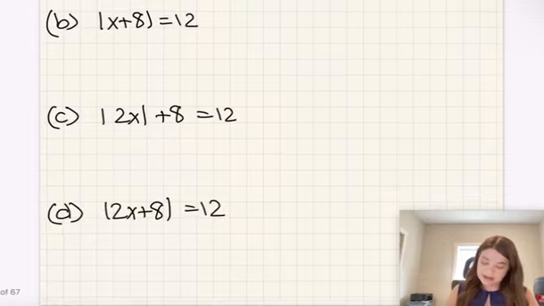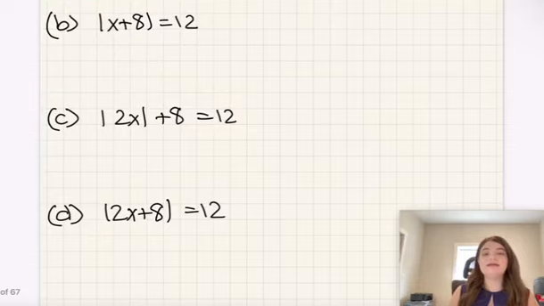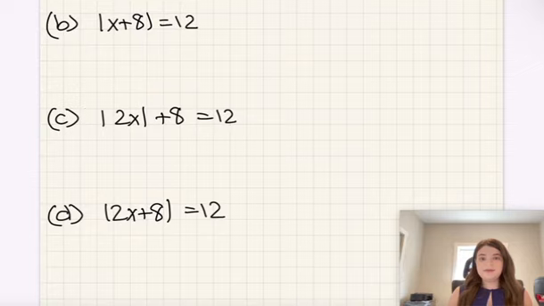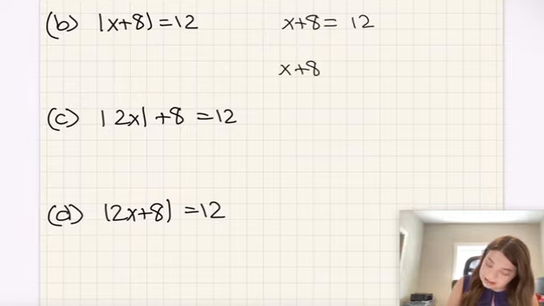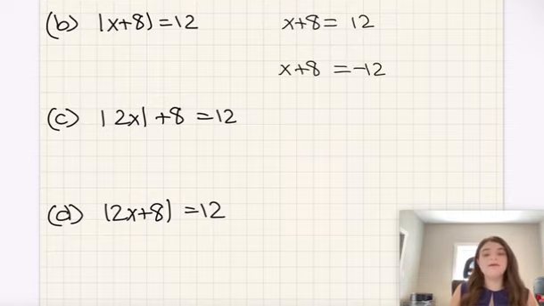Okay, for part B, it says x plus 8 is equal to 12, and the x plus 8 is in absolute value bars. So what does that mean? That means that the value inside the absolute value bars must either be 12 or negative 12. So that means that x plus 8 is equal to 12, or x plus 8 is equal to negative 12.